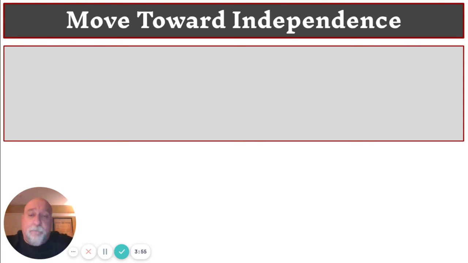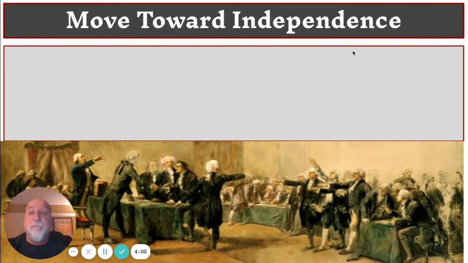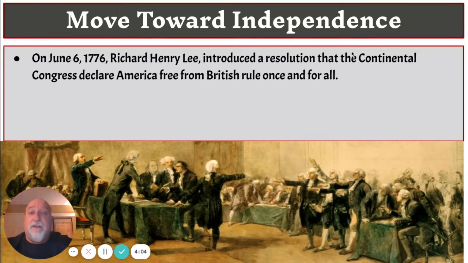Well, here we are, and it's June, and the Second Continental Congress is meeting in Philadelphia. The Virginia delegate, Richard Henry Lee, introduces a resolution for Congress to declare America free of British rule. That's a big step. That's a huge step.